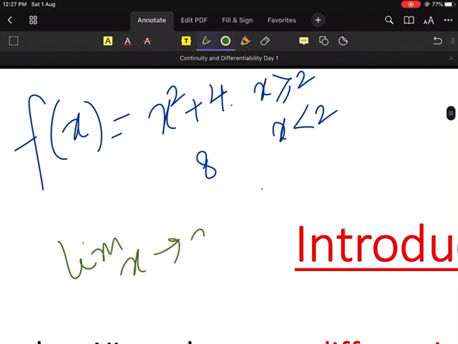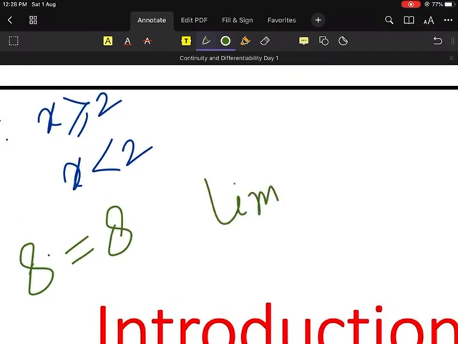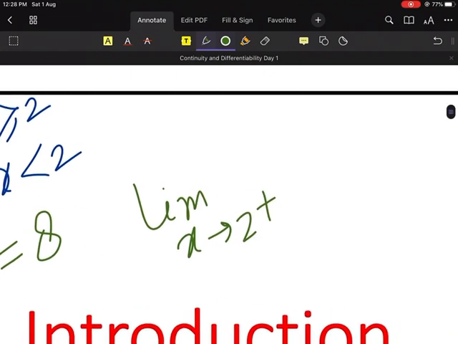Exists, right? So how did we get it? Limit x tends to 2 minus. So 2 minus means what? Less than 2. So for 2 minus, which function should I take, the first one or the second one? The second one, right? So it will be 8. Now the right hand limit, x tends to 2 plus.